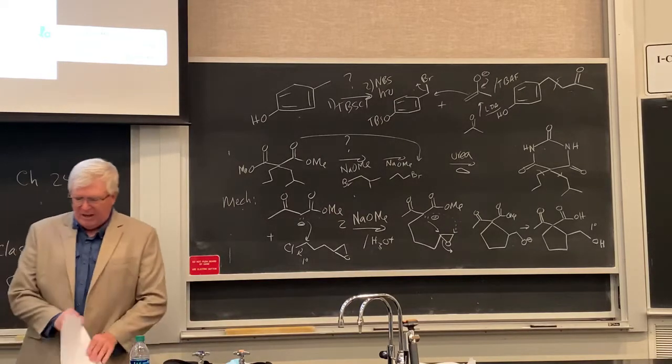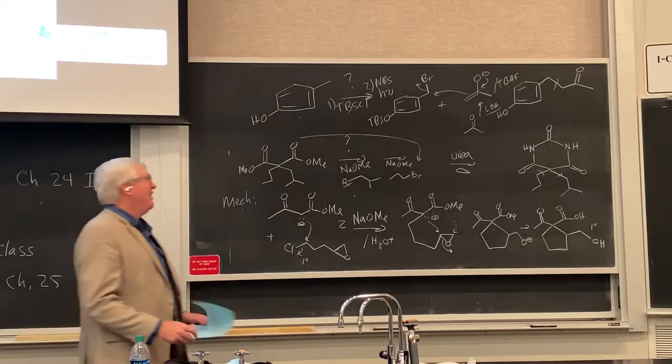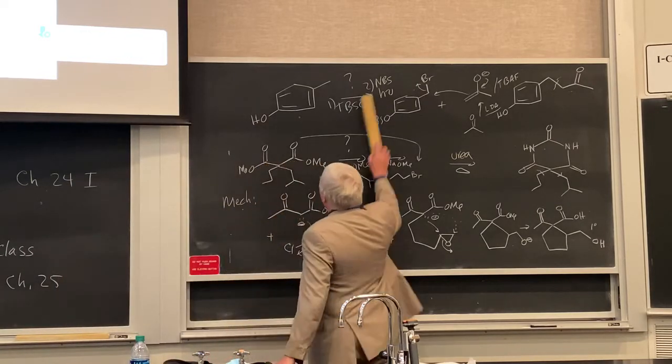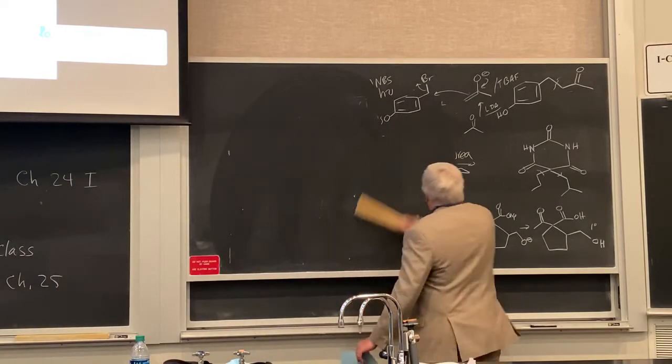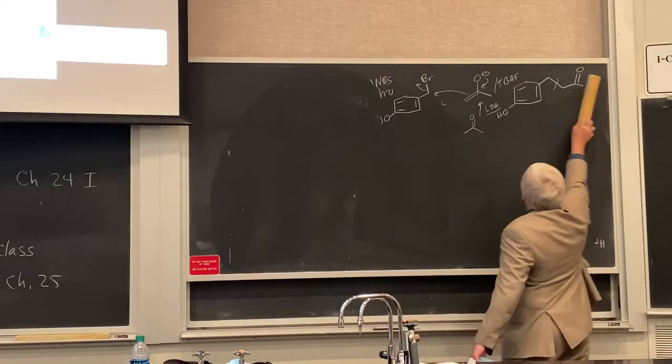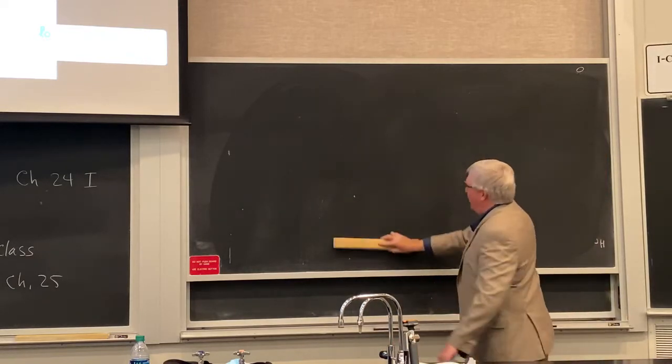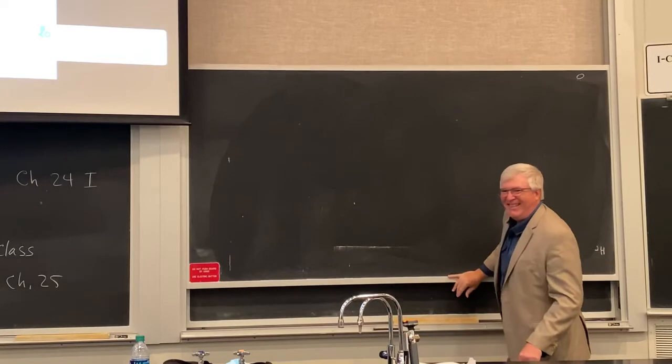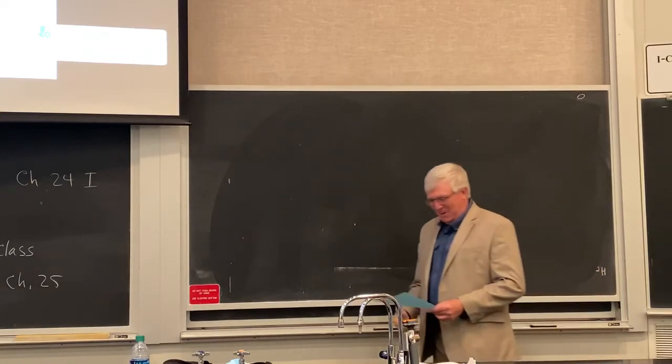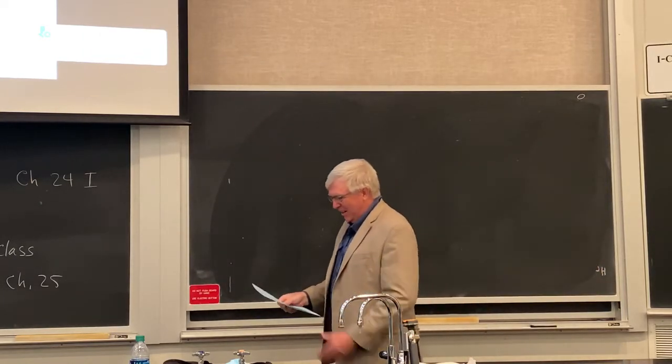All right, let's get into the main event here, which is the Aldol reaction and the Claisen reaction, the Dieckmann and the Robinson. And the Robinson will kind of be the ultimate here for us.